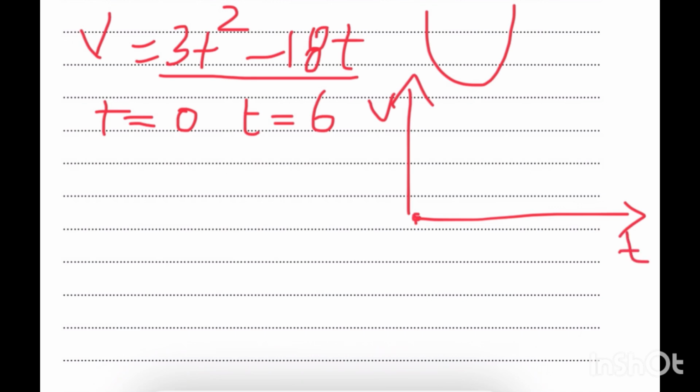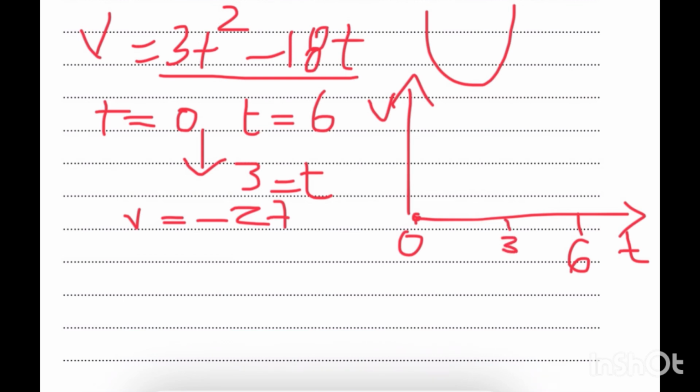Let's say this is t equals 0 and this is t equals 6. Let's take any value between them, say t equals 3. We will find that velocity is equal to negative 27, meaning that it will be somewhere over here. So this shows that the particle starts from rest, so its velocity is equal to 0, and then it gets negative, and then it gets more negative, and then it comes to rest when t is equal to 6.